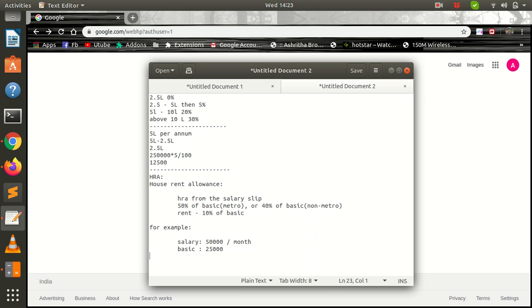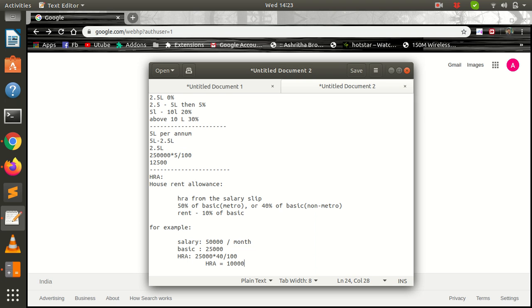HRA is calculated differently for metropolitan and non-metro cities. Most companies calculate 40%, which is non-metro, so let me take that. Basic salary 25,000 into 40% is exactly 10,000 rupees, which is your HRA.